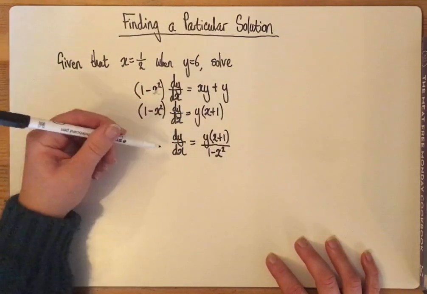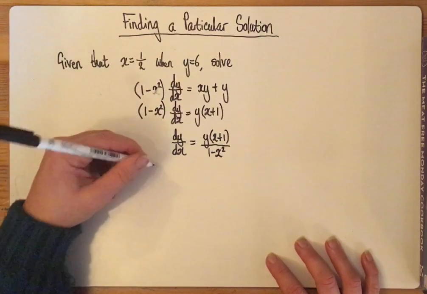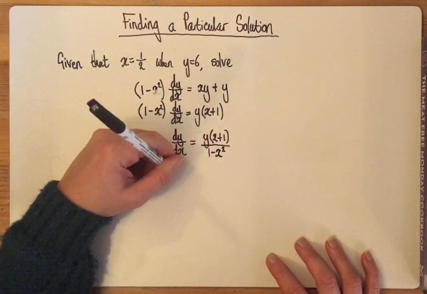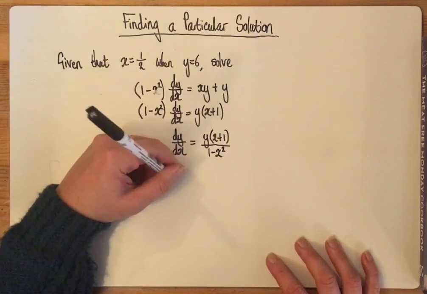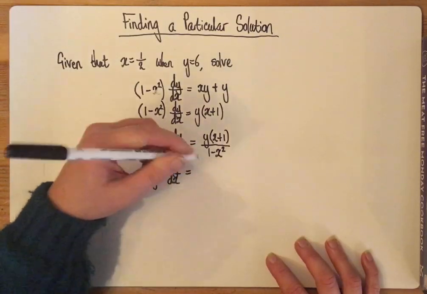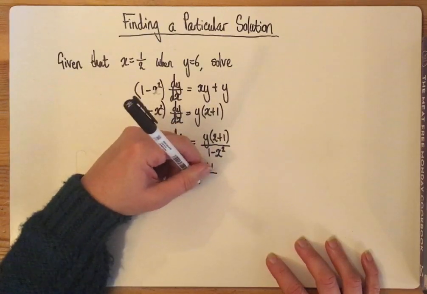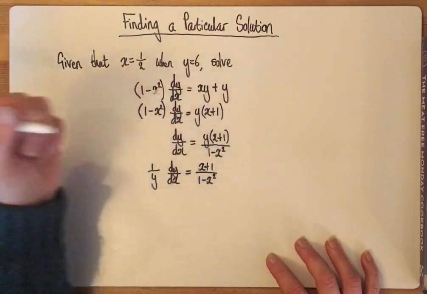So dividing through by y, this is like multiplying by 1, so that's going to give me 1 over y dy dx is equal to x plus 1 over 1 minus x squared.